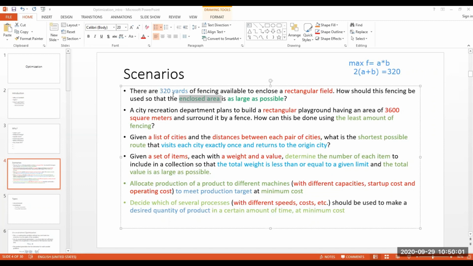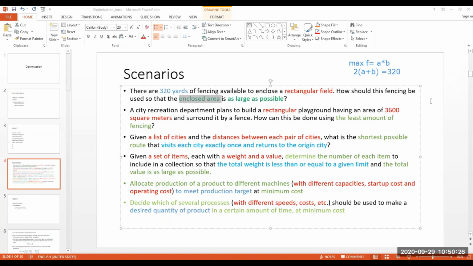These 320 yards you are going to utilize, and then you are looking for the largest possible area. So actually you are looking for the values of A and B in such a way that maximizes this and that satisfies this. You are looking for the largest possible area here.